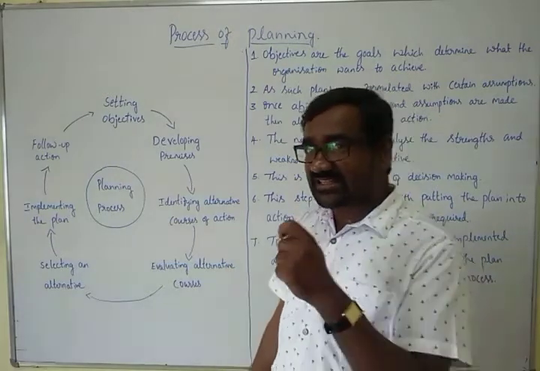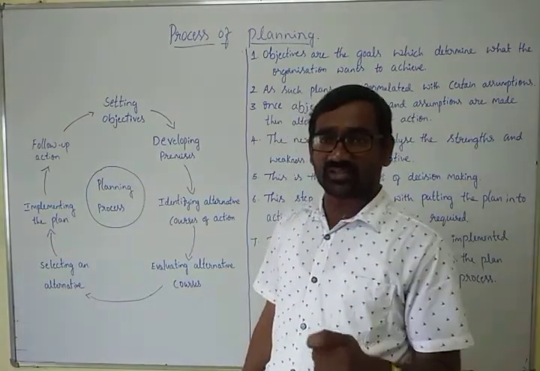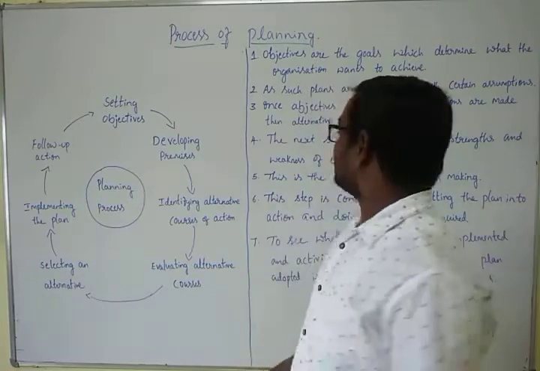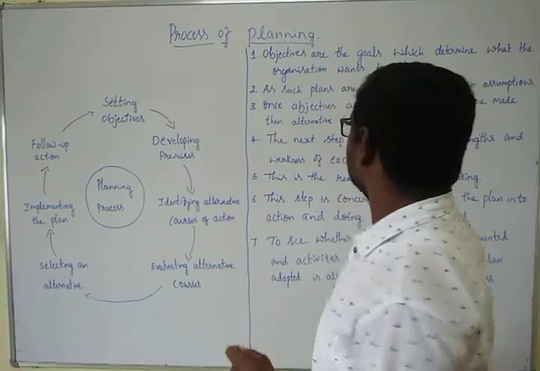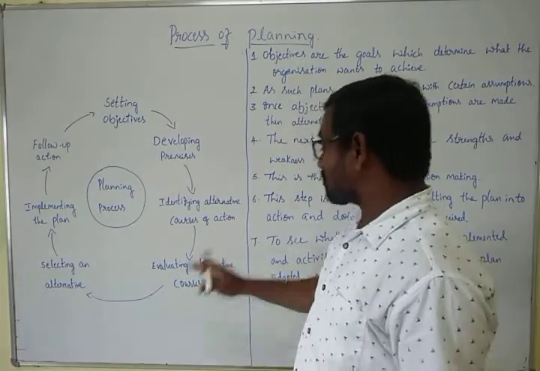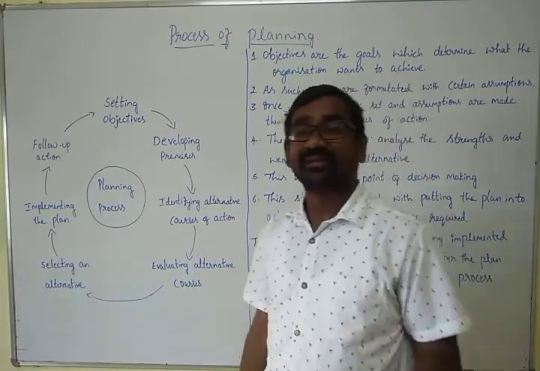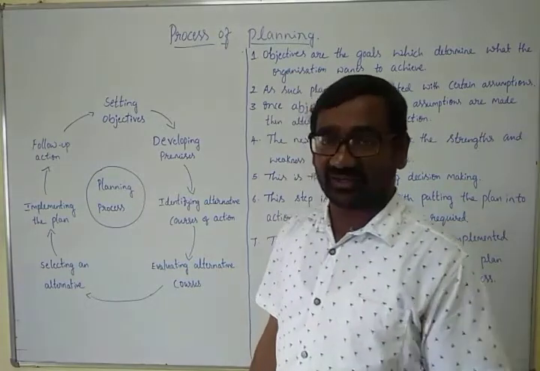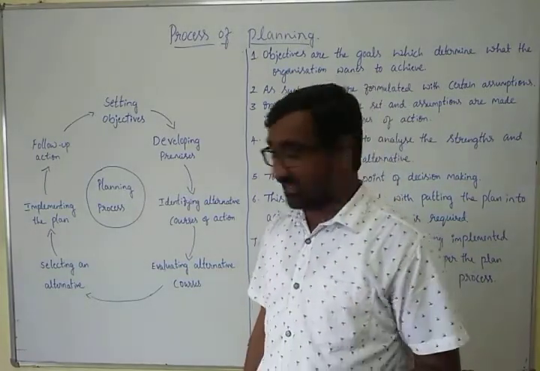So in this step, we come to know the strengths and weaknesses of each alternative. Then we take a decision for our course of action or process of the organization.